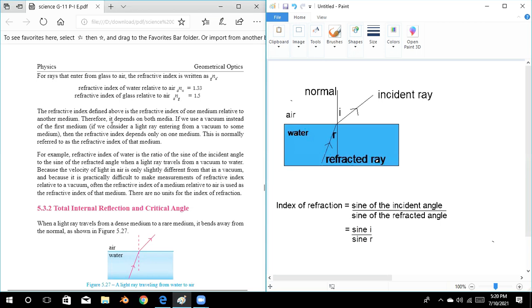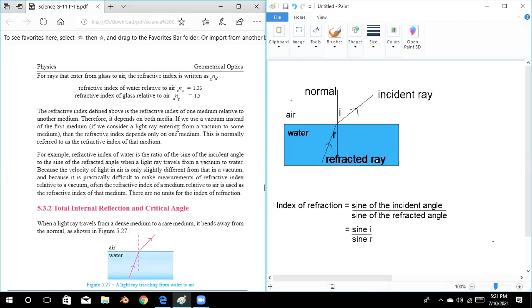That relative index depends on both media. Like sunlight comes from a vacuum medium and enters the air medium.